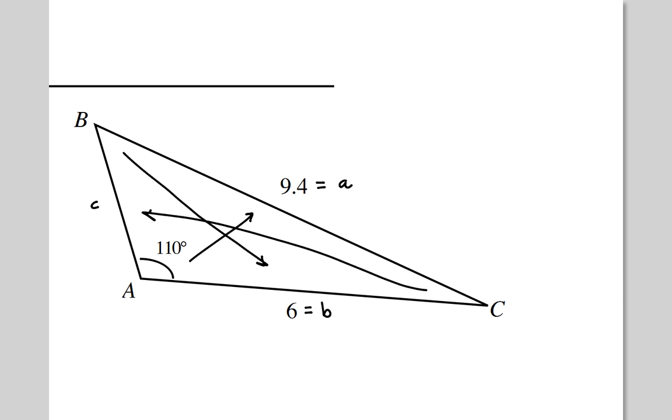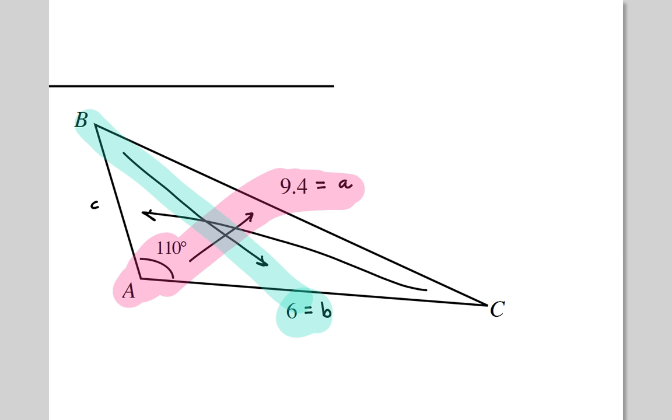Okay. So what information do we know? We know absolutely everything about A. And what's the other one we know about? We know about B, right? So B's here.